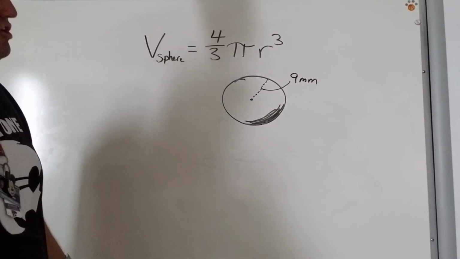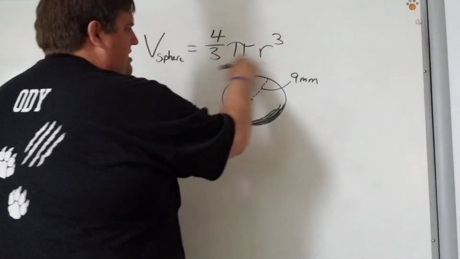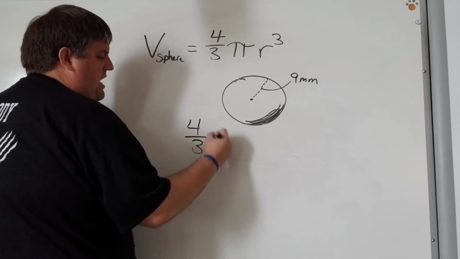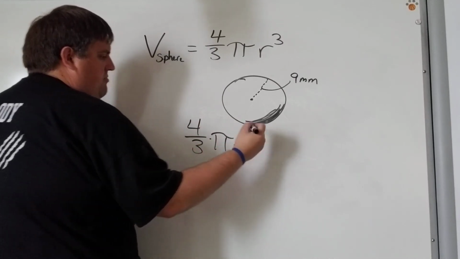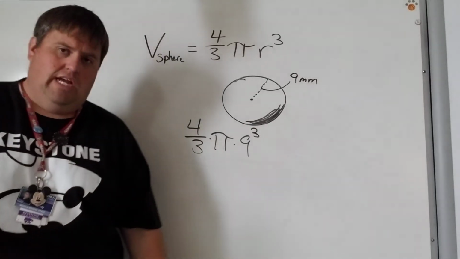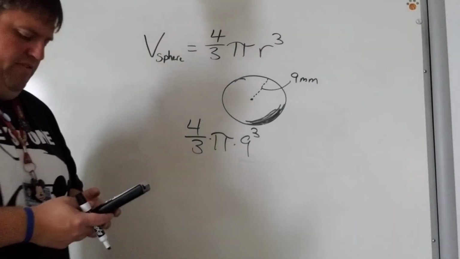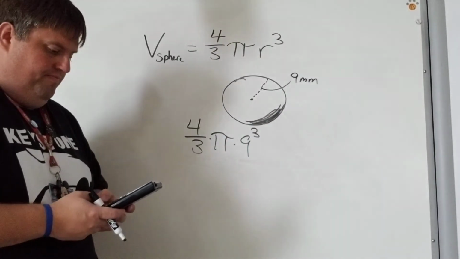All we're going to have to do is plug 9 into the radius. So 4/3 times pi times 9 cubed. And really all you have to know is how to do that in your calculator, right? So make sure you do the 9 cubed part first. 9 times 9 times 9.